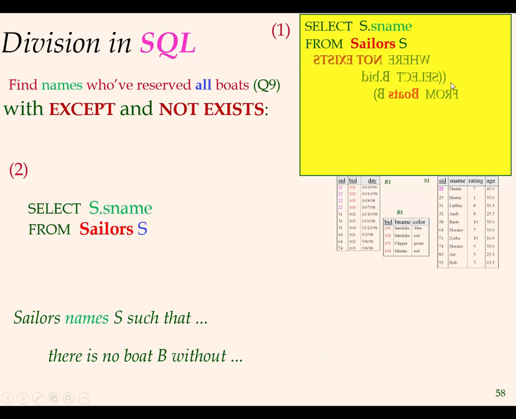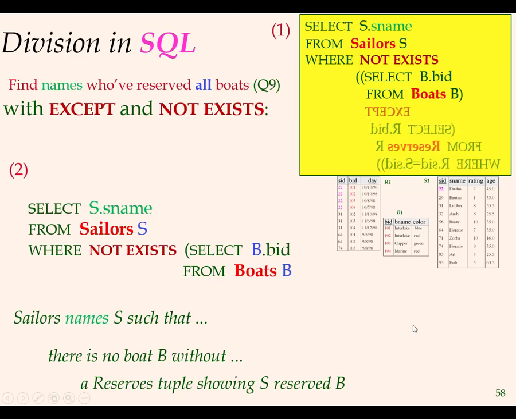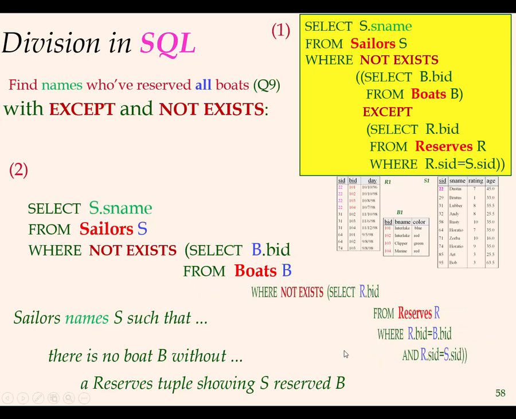There is not. So where does not exist a boat from boats that does not appear in the reserves as a tuple in the reserves. So you'll find only the ones that exist in the reserves.